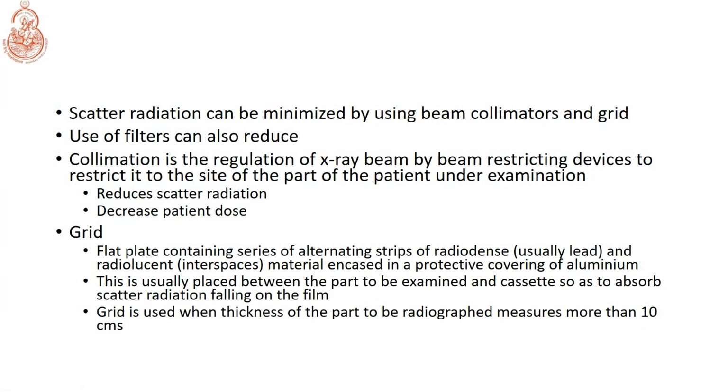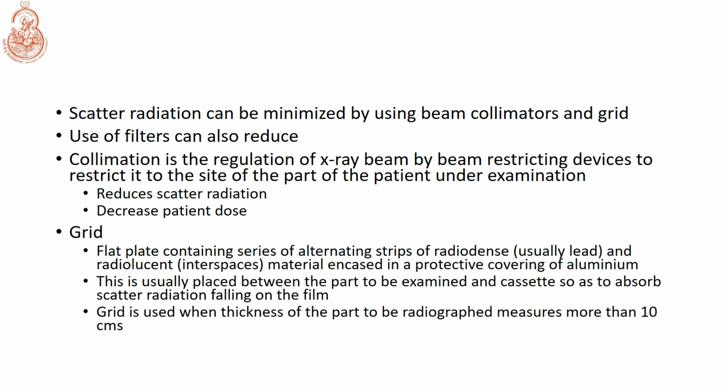The second technique by which we can reduce the scatter radiation is by using grids. Grids are flat plates containing a series of alternating strips of radiodense material, usually lead, alternating with a radiolucent material, encased in a protective covering of aluminum.